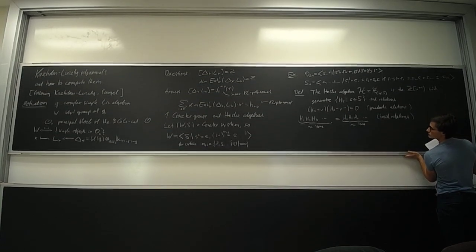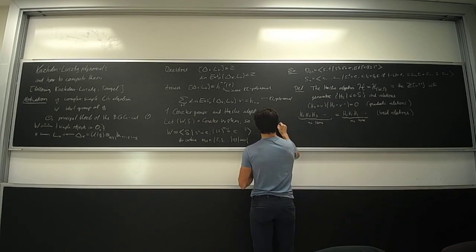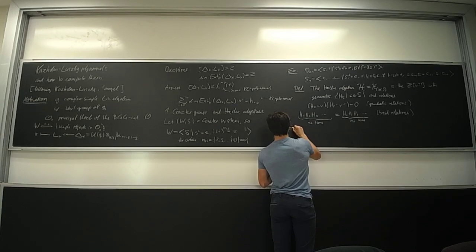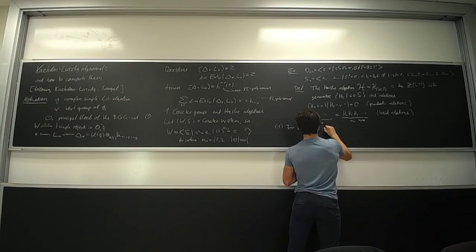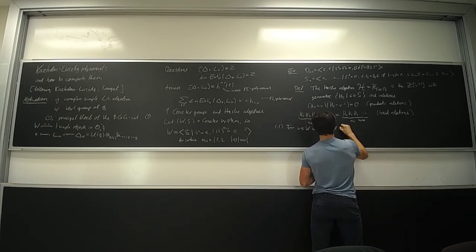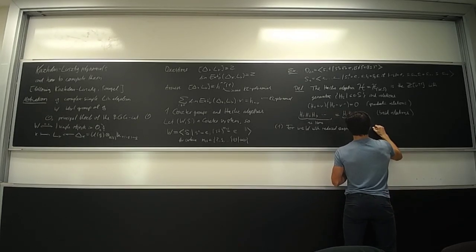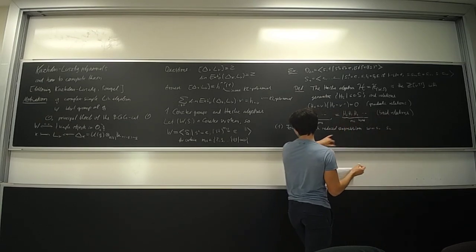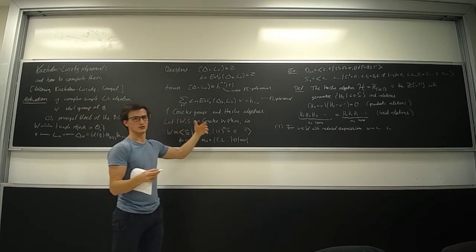And there are two simple observations that I want to make about this definition. First of all, if you take an element of your Coxeter group and you write down a reduced expression, so you write w = s_1 up to s_n, and reduced expression means you write it as a product of these simple reflections in such a way that it's not possible to write it in any shorter way.